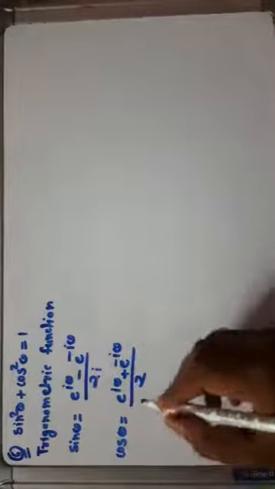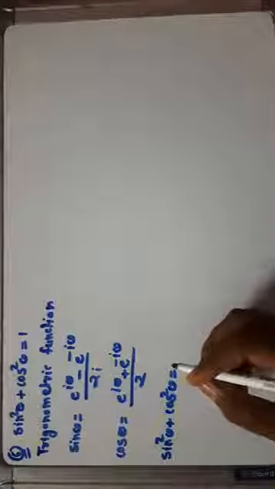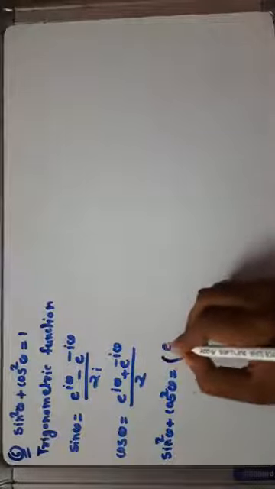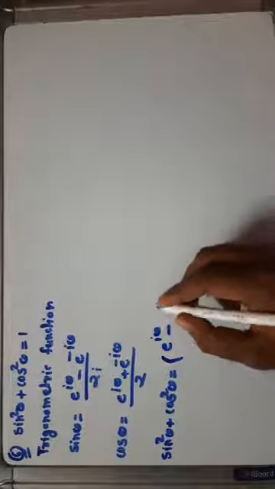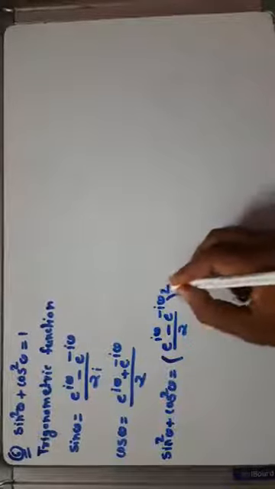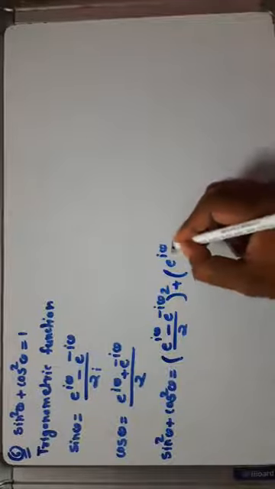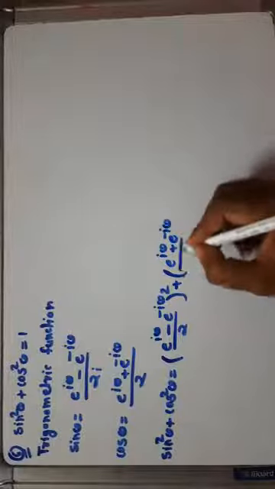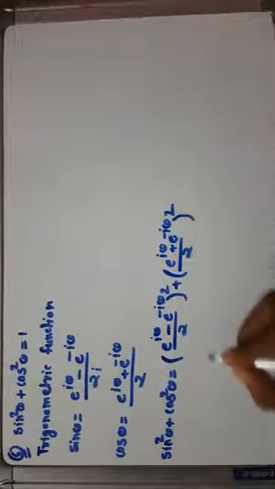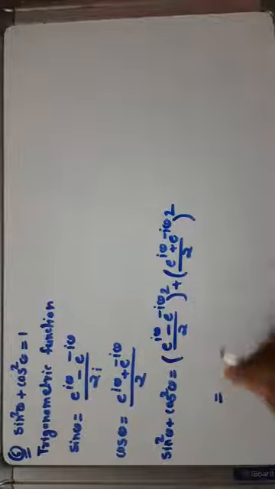Then using those trigonometric functions, squaring and adding the two, that means sin square theta plus cos square theta is equal to this one: e raised to i theta minus e raised to minus i theta divided by 2i whole square plus e raised to i theta plus e raised to minus i theta divided by 2 whole square, right? In the last property also we used this.